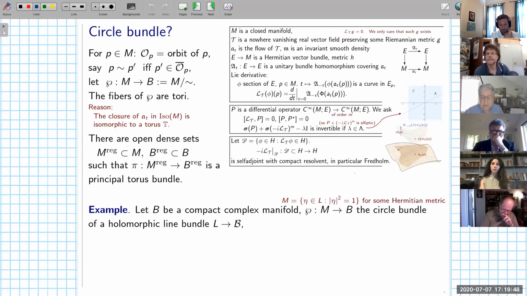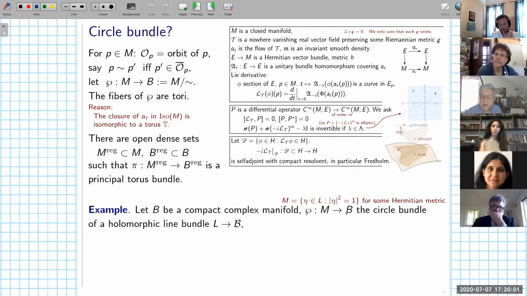As an example, so now a concrete example. So suppose that you have a compact complex manifold, and M is the circle bundle of a holomorphic line bundle. So the line bundle has a Hermitian form. I give it a Hermitian form.